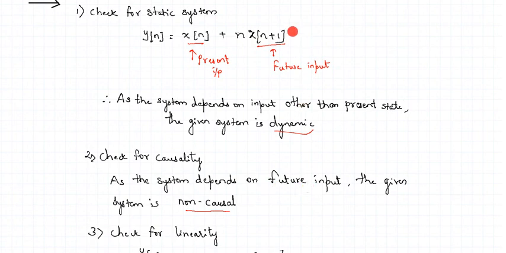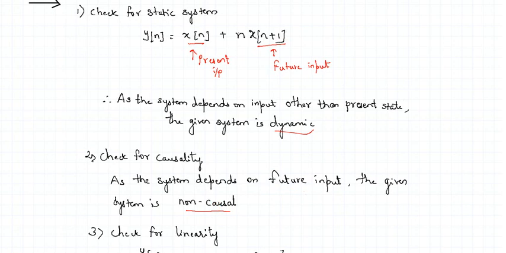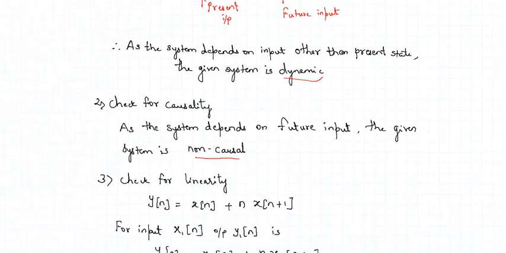There is a presence of a future term in the input signal, because of which the system becomes non-causal. If the output depends only on present and past, you call the system causal. But if there is a dependency on future values of the input signal, then the system becomes non-causal. So our given system, as it depends on the future input, is non-causal.